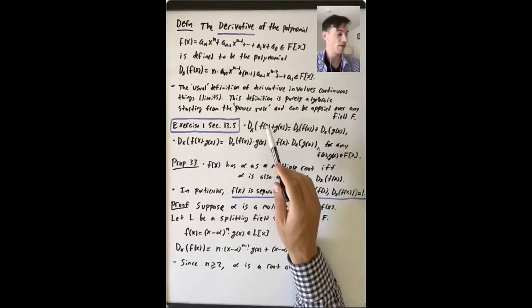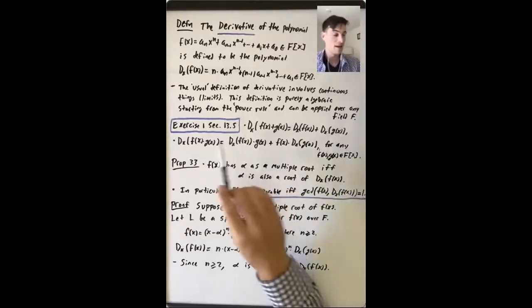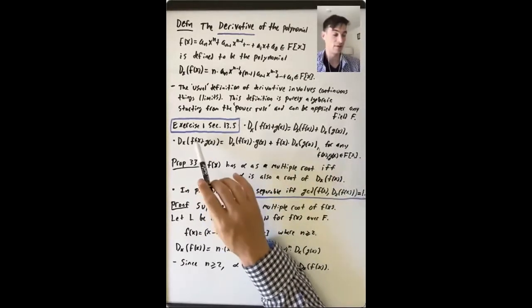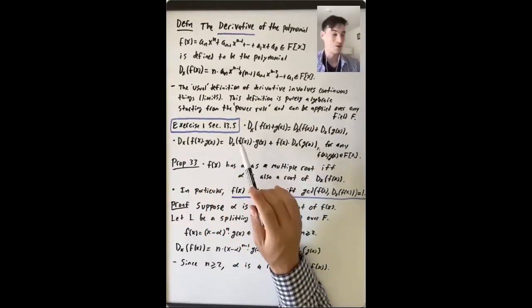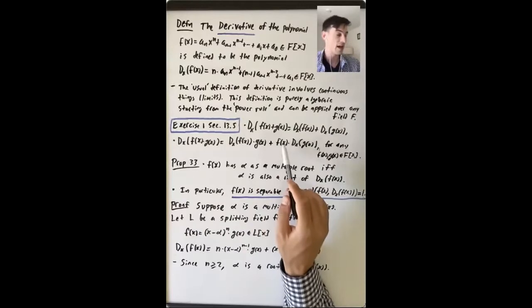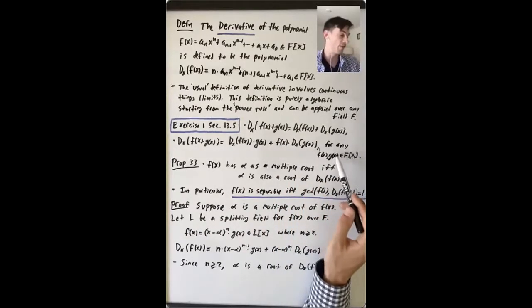So the derivative of f plus g is the derivative of f plus the derivative of g. And the product rule holds. The derivative of f times g is the derivative of f times g plus f times the derivative of g. And this is true for any polynomials f and g in F[x].